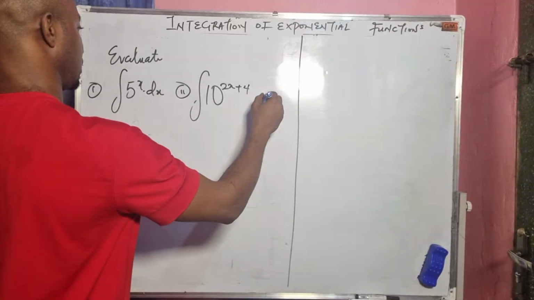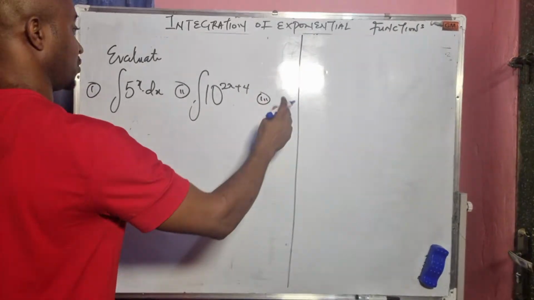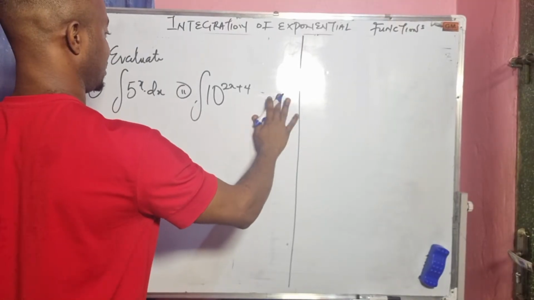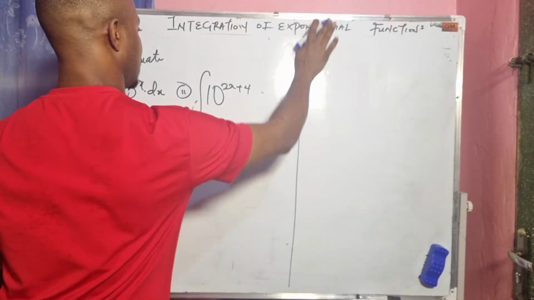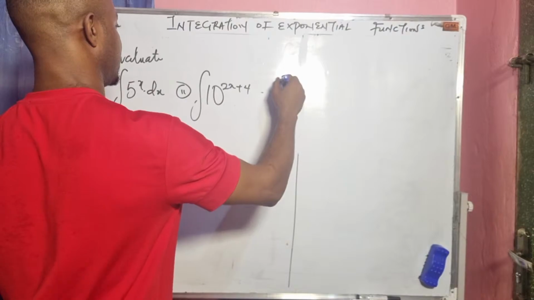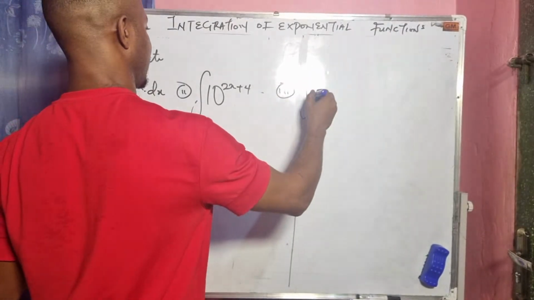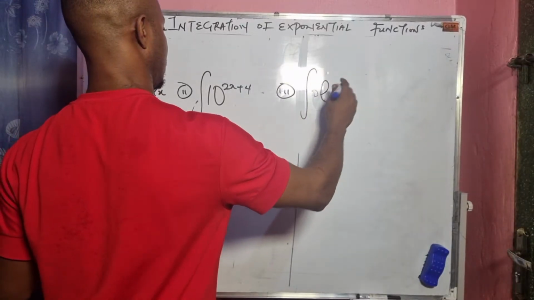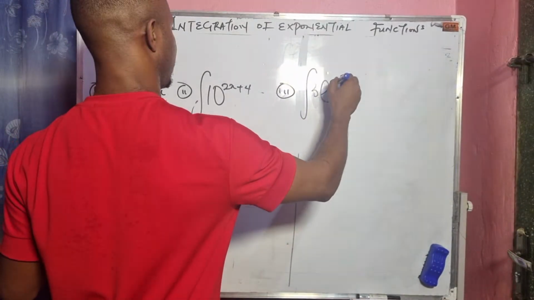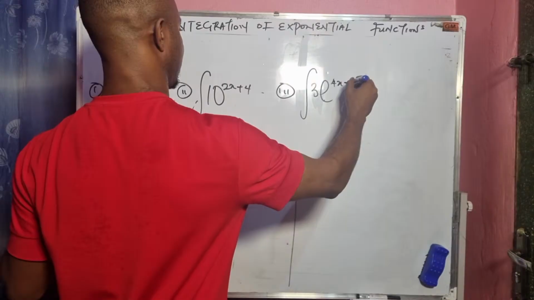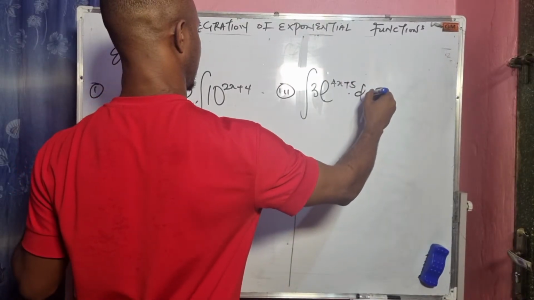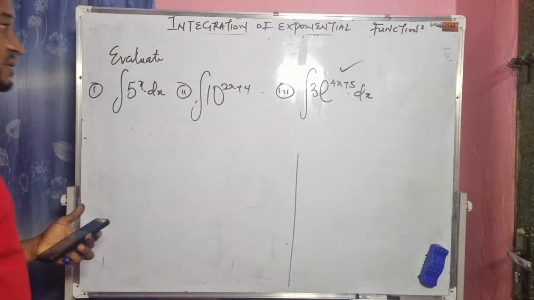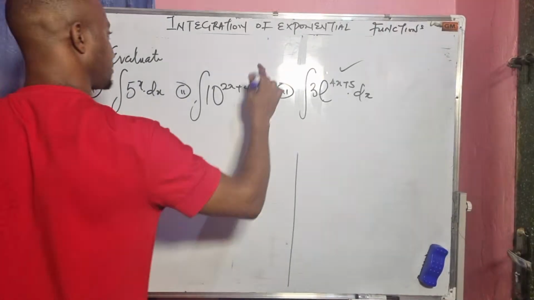Number 3, the third one is already simple; we have already solved something of that kind. The integral of exponential 3 exponential 4x plus 5 dx. This is already simple, right? We can solve this by now.